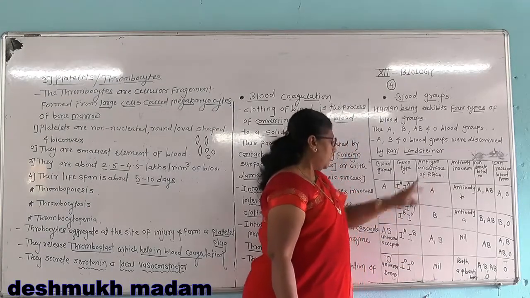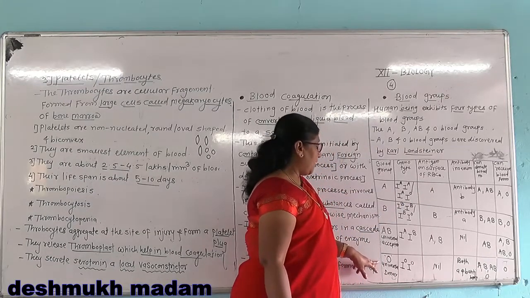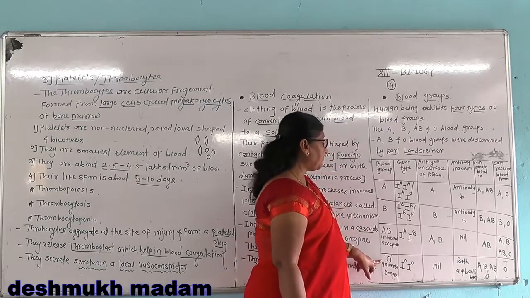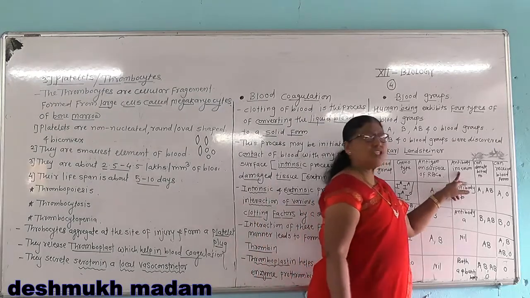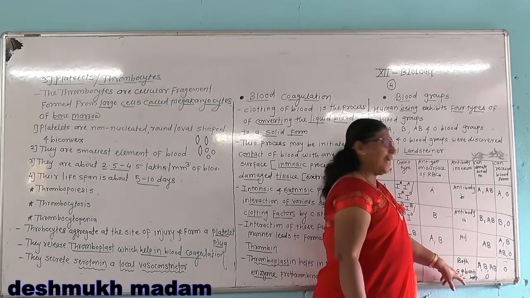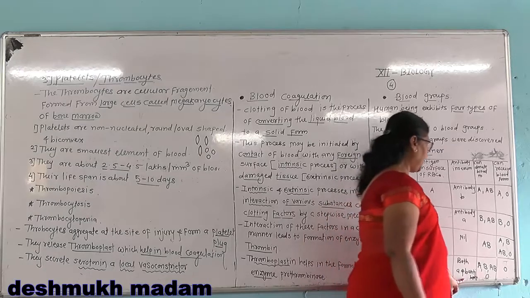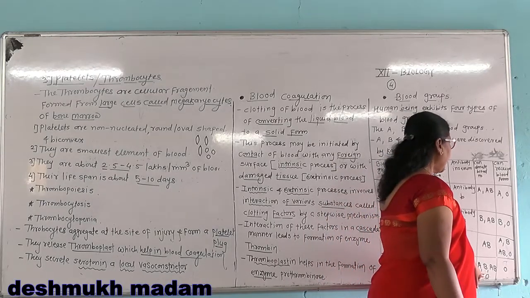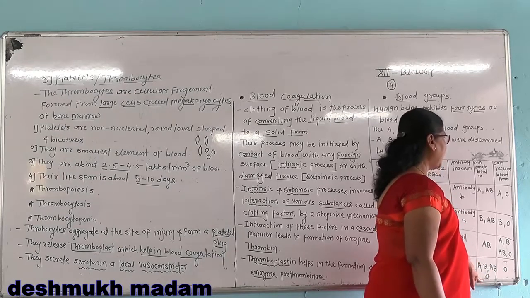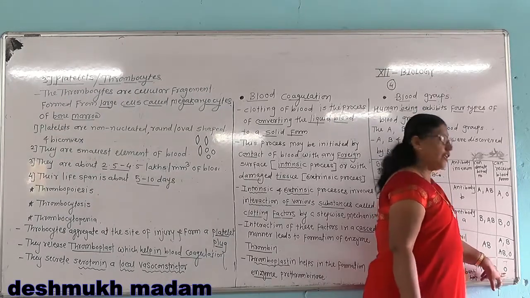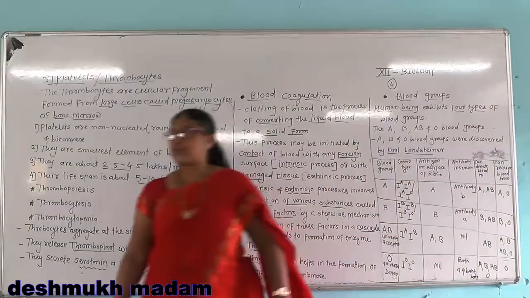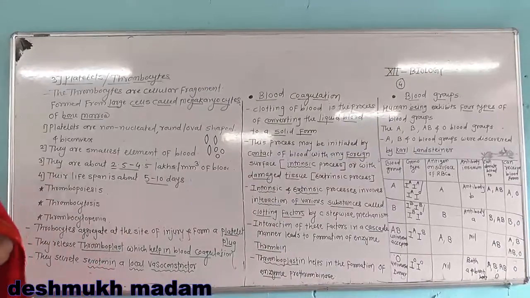The antigen on the surface of RBC is absent in blood group O. Antibodies present in serum are both A and B antibodies. It can donate blood to blood groups A, B, AB, O and can receive blood only from blood group O. These are the four blood groups of human beings.